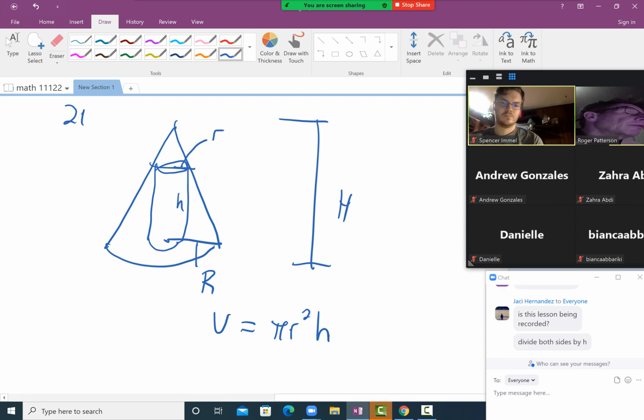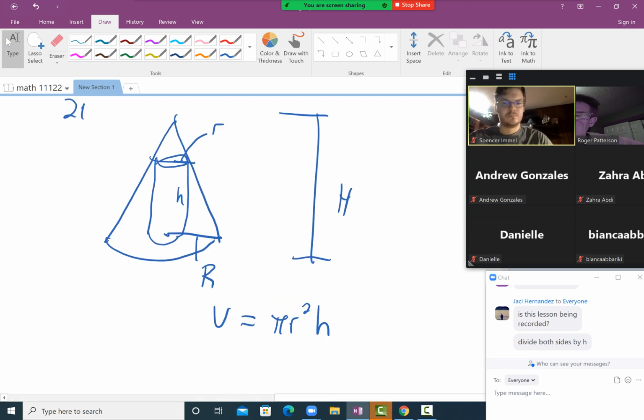So they also have a note that says, if you divide by h, you're going to get v over h. So they don't want h there at all. They only want it in terms of r. I see what you're thinking there, but they only want it in terms of r. The other thing that they mention is note also similar triangles. Well, what do they mean by that?